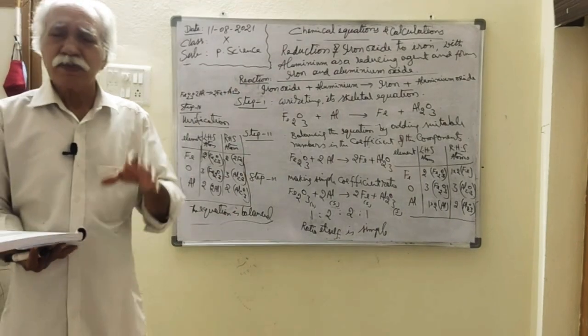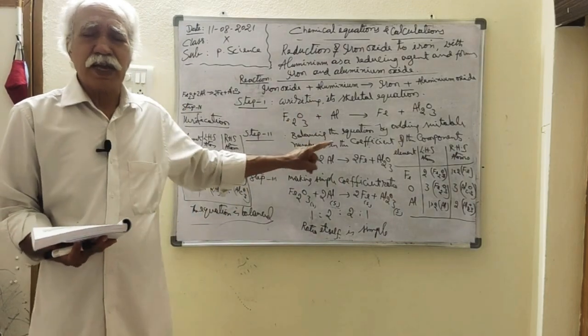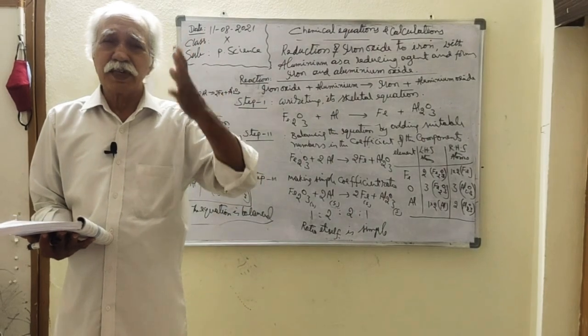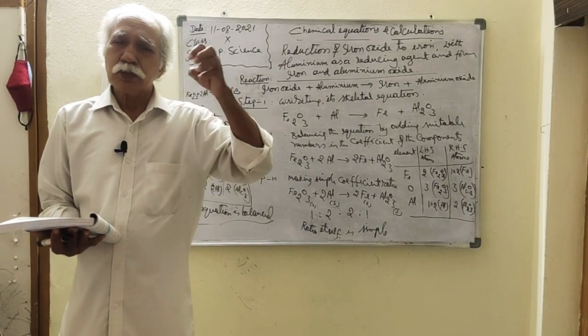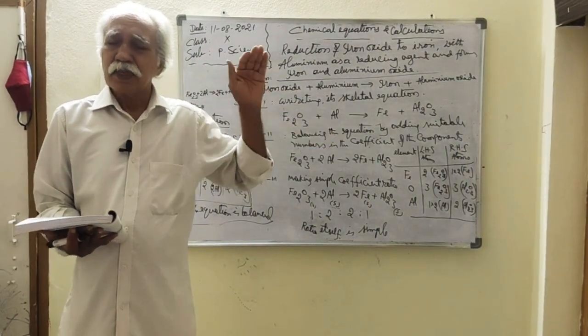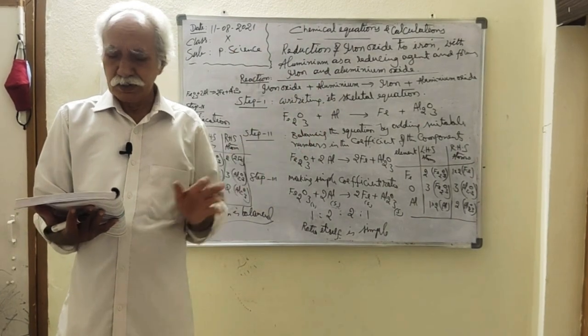Second one is physical state you have to represent. So every component has its own physical state. Some of them are solid state, some of them are gaseous state, some of them are liquid state, some precipitate state. So we have to represent all these things as a subscript on the right hand side of the formulae or symbols.